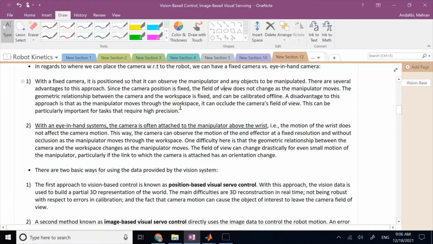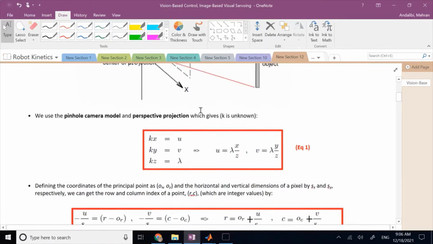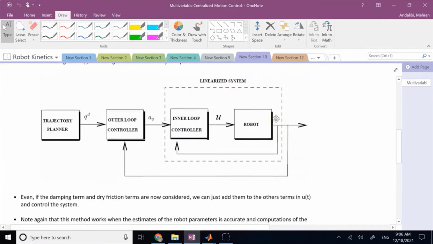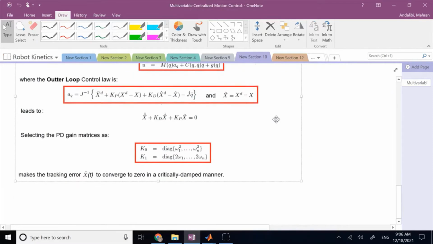What's the bad thing about it? The bad thing is when the robot comes in the way of the camera and occludes the field of view, then the data from the camera cannot be used. Let's go back to one of my previous examples, this robot that I have here.